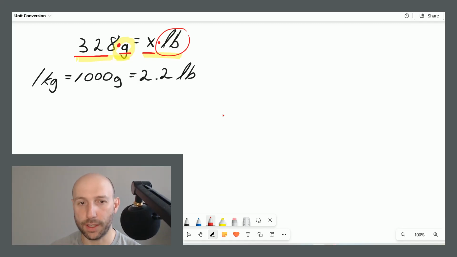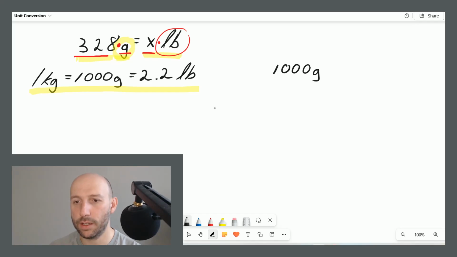We have our conversion ratios here, which is that 1 kilogram is 1,000 grams, which is 2.2 pounds. So, we can say 1,000 times 1 gram equals 2.2 times 1 pound. Divide both sides by 1,000.